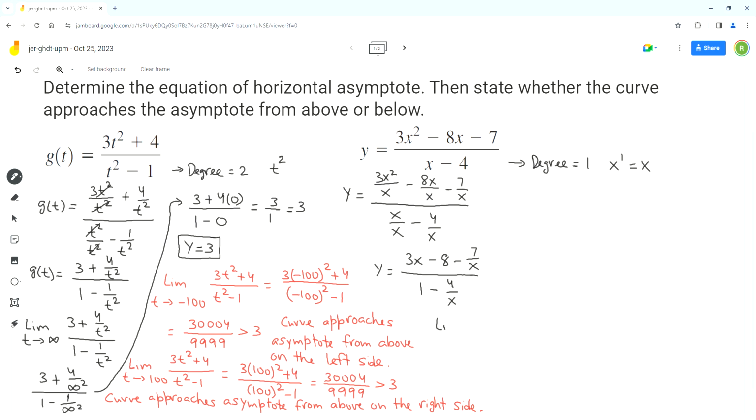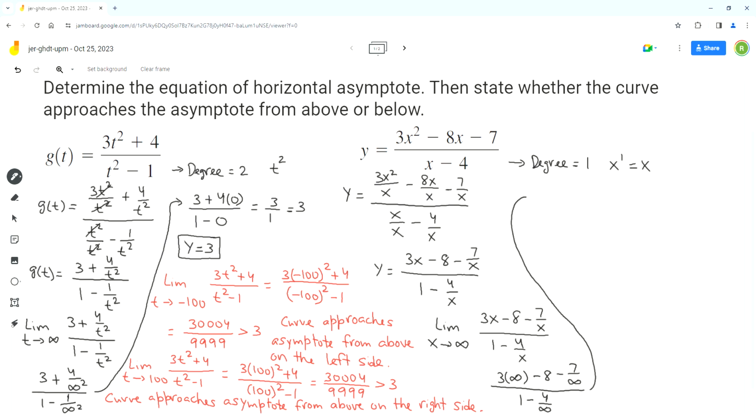Now we can apply the limit x approaches infinity. So we get 3x minus 8 minus 7 over x over 1 minus 4 over x. Now we can apply the limit. So we get 3 times infinity minus 8 minus 7 over infinity over 1 minus 4 over infinity.